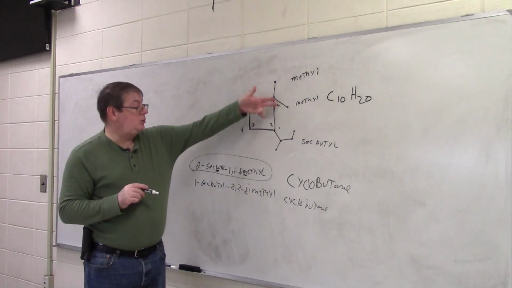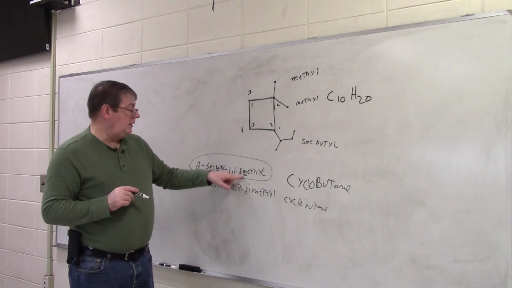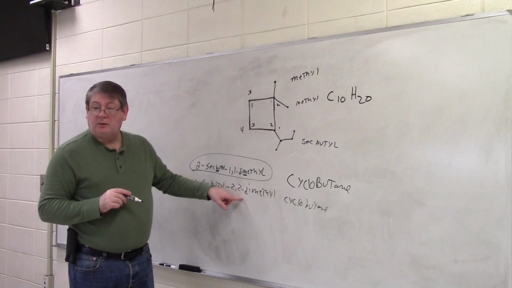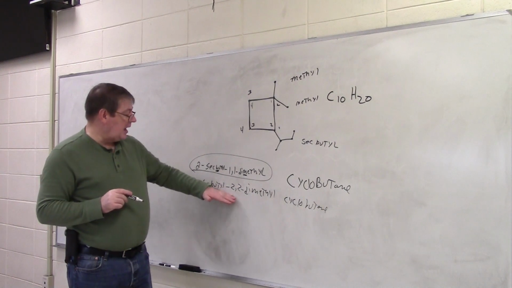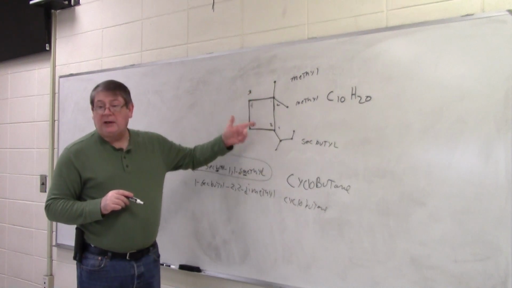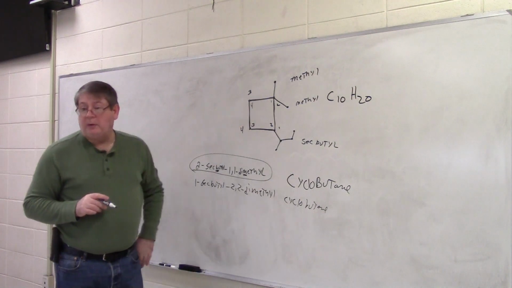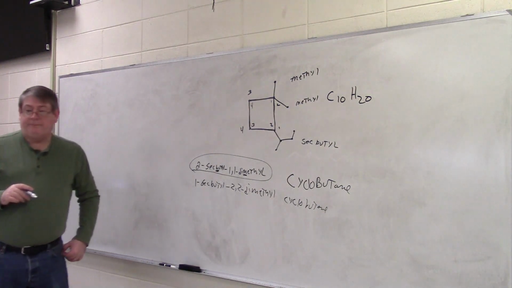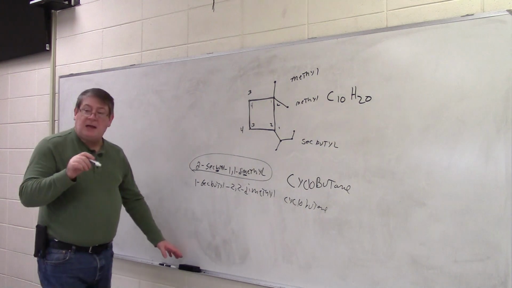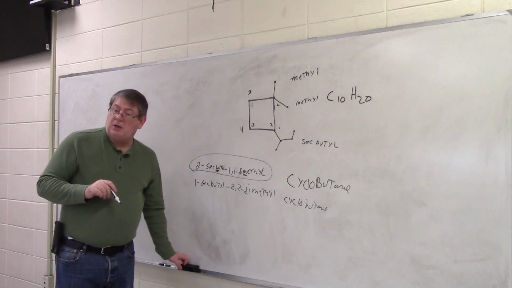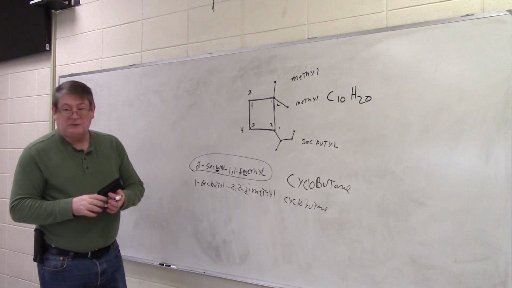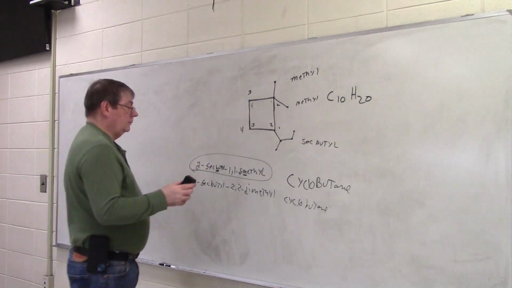I've got 3 substituents. This gives me 1,1-dimethyl. This gives me 2,2-dimethyl. So overall, this has a higher set of numbering than the first way we numbered, because there's 2 ones. Yeah. You want to try to minimize the location numbers for as many as you can. Does that make sense? That makes a lot of sense.